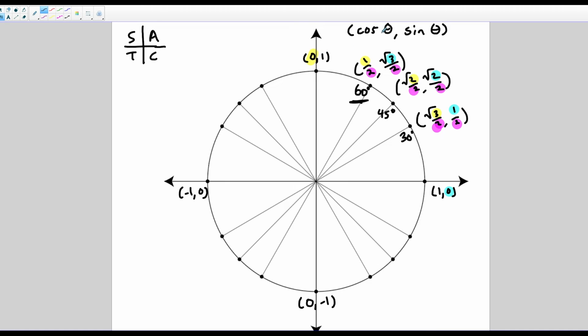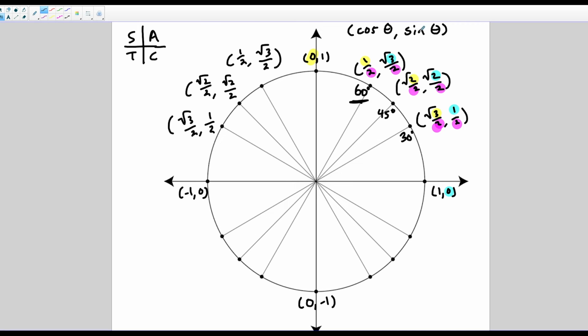We're going to use our little 1, 2, 3 trick here. So starting from 0, we have 1 over 2. Over here, we have square root 2 over 2. And then finally, we have square root 3 over 2. Going the opposite direction, we start from 0. Over here, we have 1 over 2, square root 2 over 2. And then finally, square root 3 over 2. Now remember what we said about sine being positive.